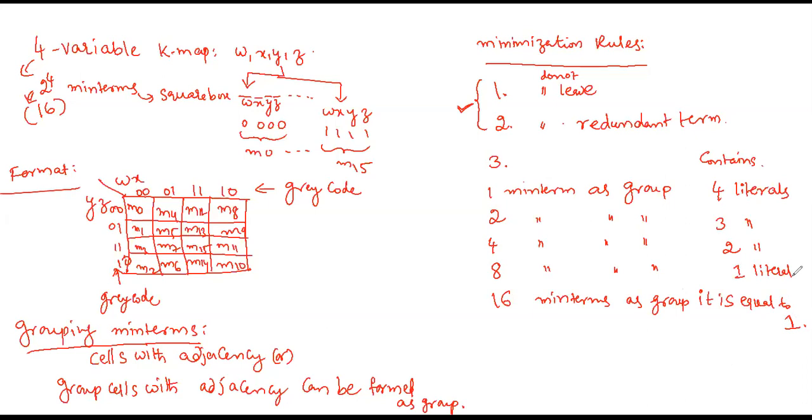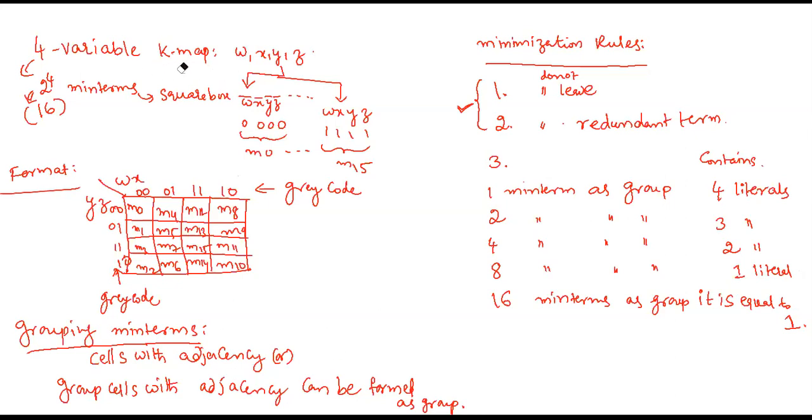Now let us look at one example. This is the 4 variable K-map.